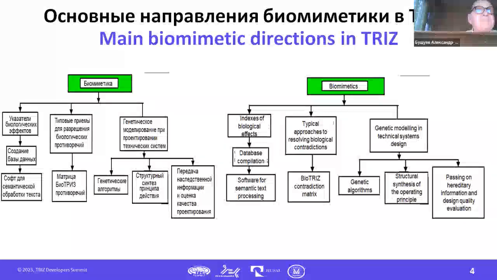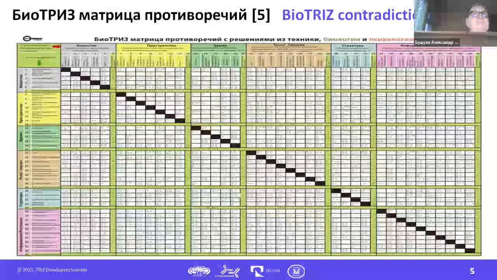So we are also doing structural synthesis, but specifically I'm going to focus on two other areas. So this is the bio-trees contradiction matrix. It was developed by a group of researchers led by Nikolai Bogatyrev and others.